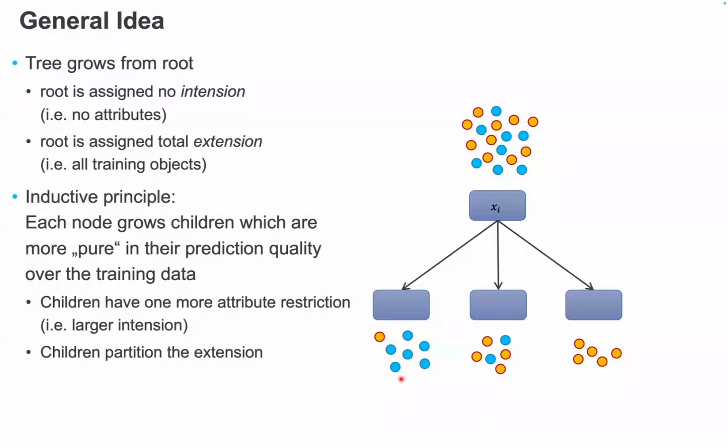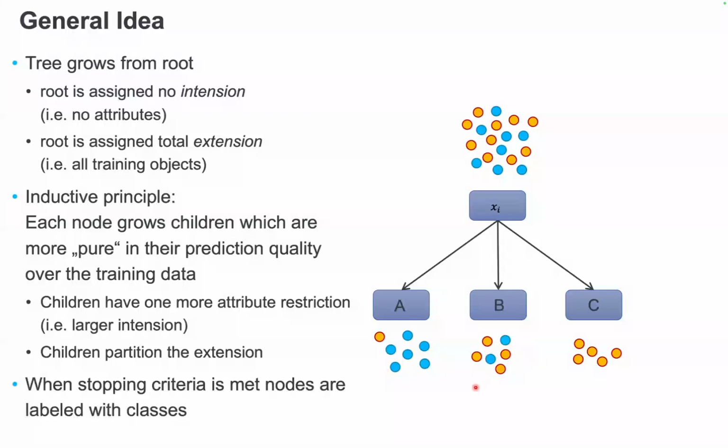On the leftmost side, I'm also doing pretty well, because there's only one outlier, all the other ones are blue. And here in the middle, it's a bit mixed. So before I had a very mixed bag of objects from the 2 classes. By selecting a particular attribute I came now with 3 smaller sets that partition this original set, and 2 of them are already rather pure, and the middle one is not quite perfect.